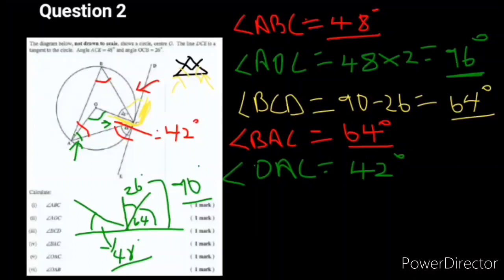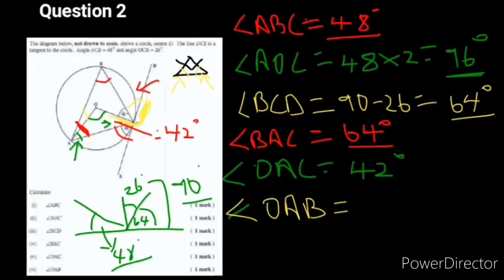Now the last angle that we need to find is, let's use another color, angle OAB. Let's find angle OAB, which is going to be this little angle right here. We already know our total angle here.